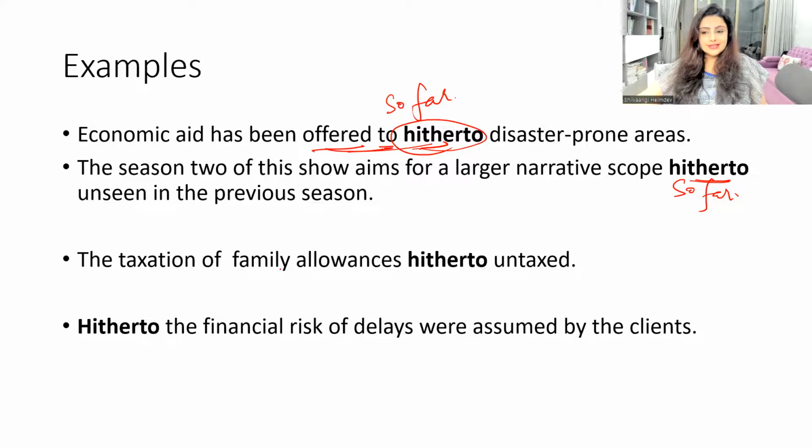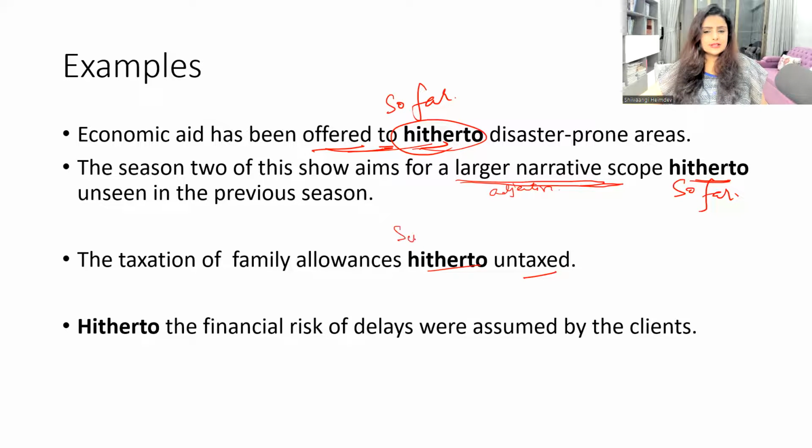Here, "hitherto" is describing the larger narrative scope, which is nothing but an adjective here. Then the third one: the taxation of family allowances hitherto untaxed. In Hindi, we call it "abhi tak".